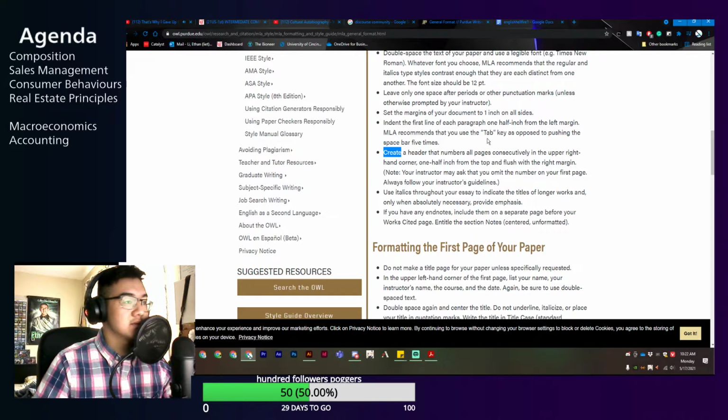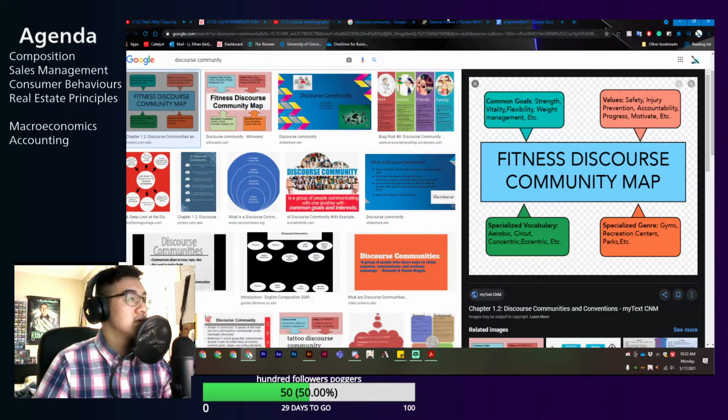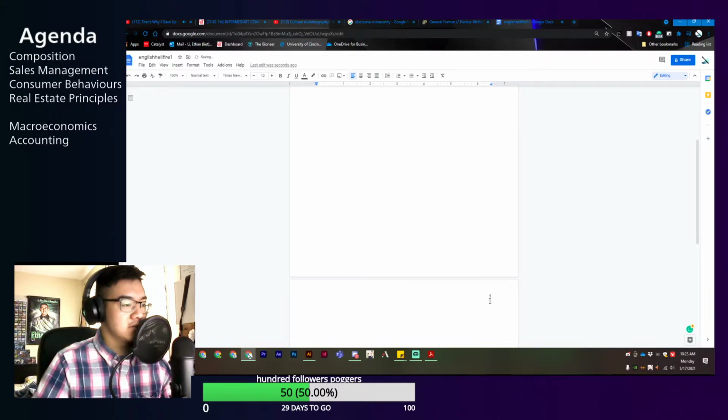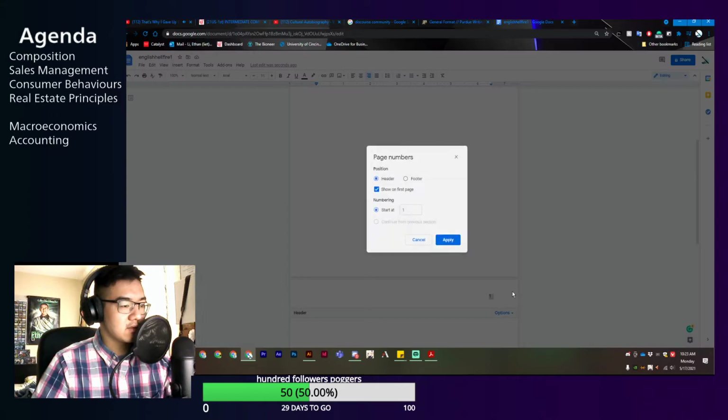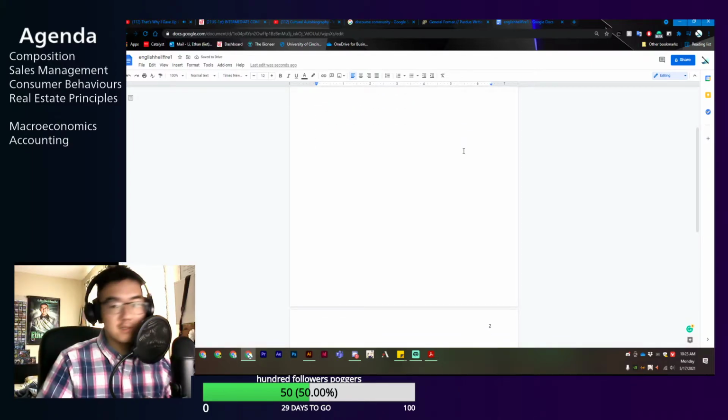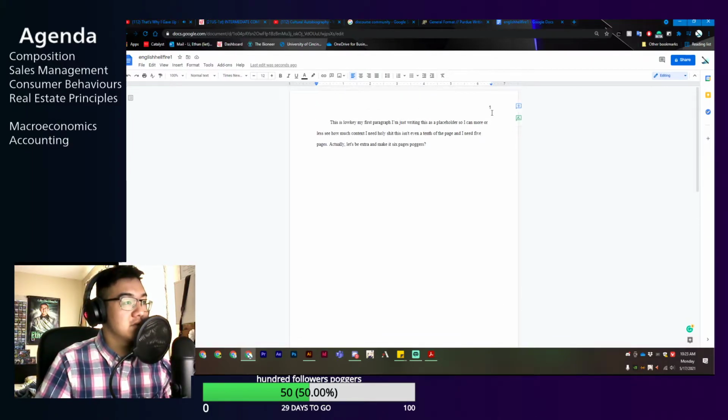Let's see, what is this? 1. 1/2 inch from the top, flush with the right margin? Yeah, okay. 1. Okay, well now the question is, will this tab and become 2? No, it won't. Oh, there it is, page numbers. Huh. Well, imagine just clicking a button, having it do it for you.